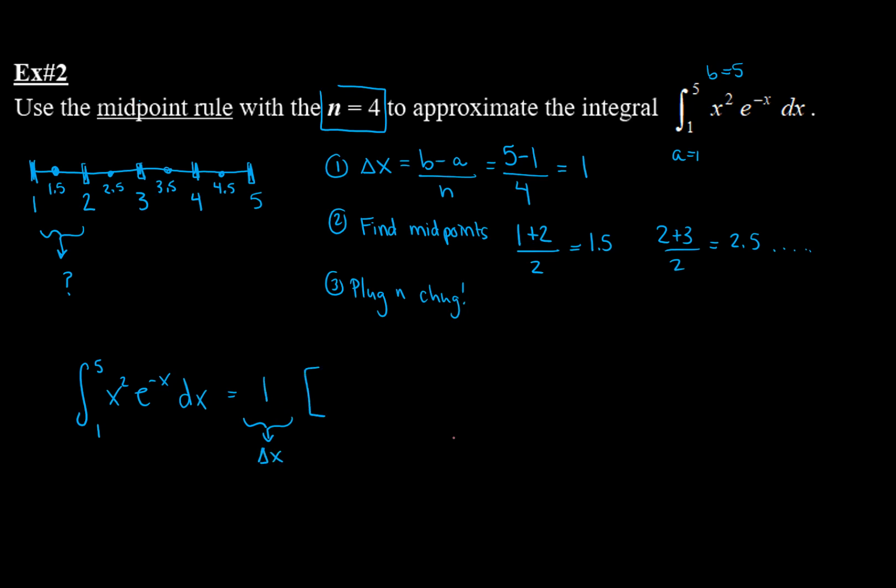Next, I'm doing the sum of my outputs. So I do f of 1.5 plus f of 2.5 plus f of 3.5 plus f of 4.5. And I've got 1, 2, 3, 4 in 4 subintervals. And then I evaluate it.